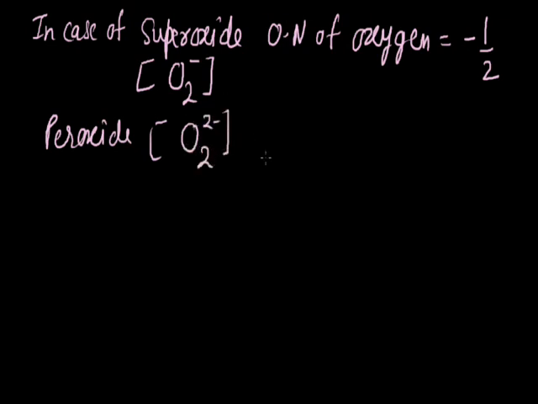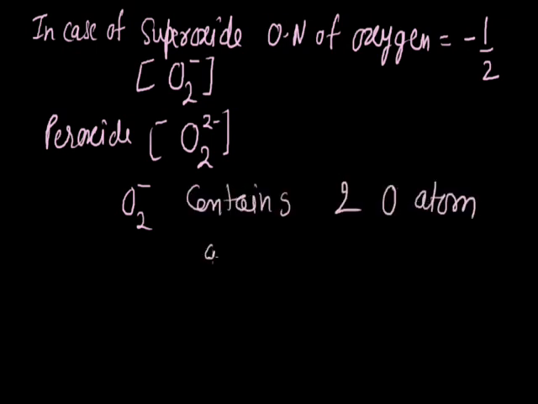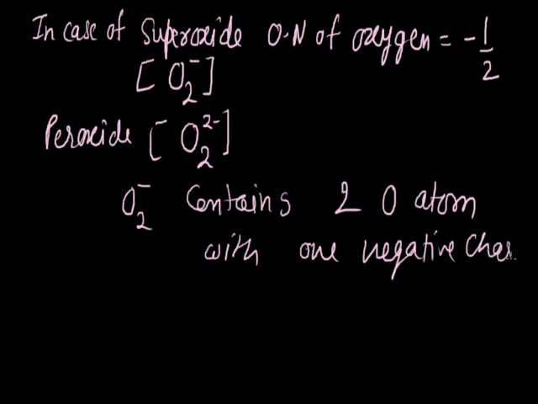So we can calculate the imaginary charge or oxidation number of superoxide and peroxide by their formula, because according to the formula, superoxide, that is O2 minus, contains two oxygen atoms with one negative charge.